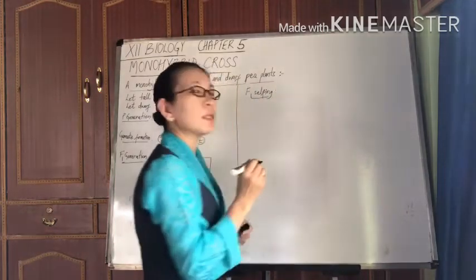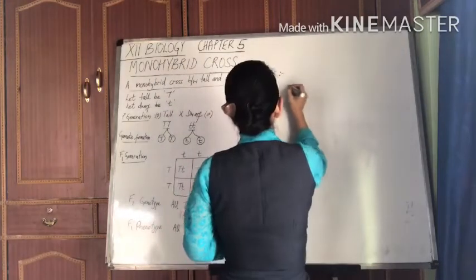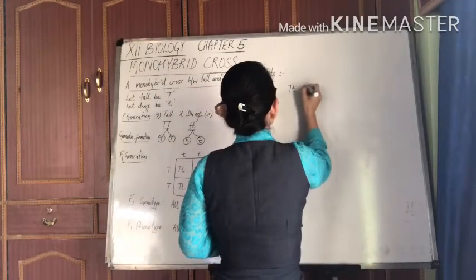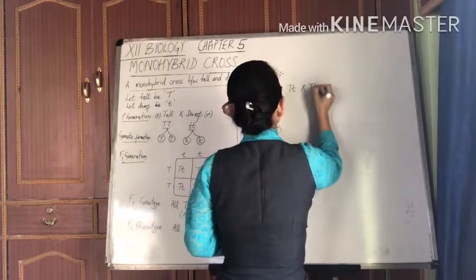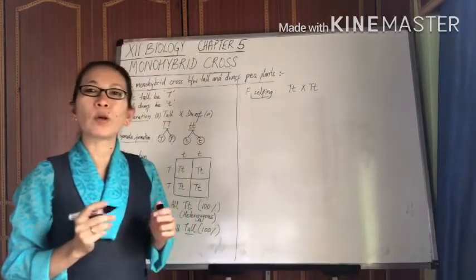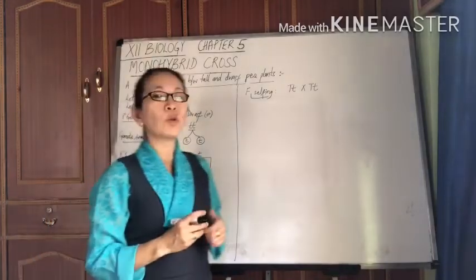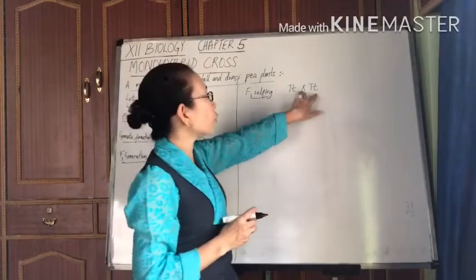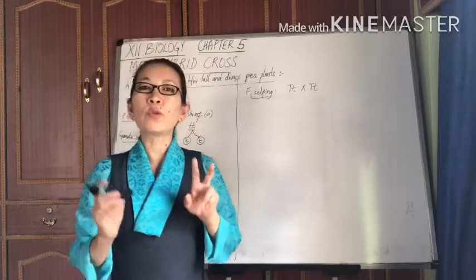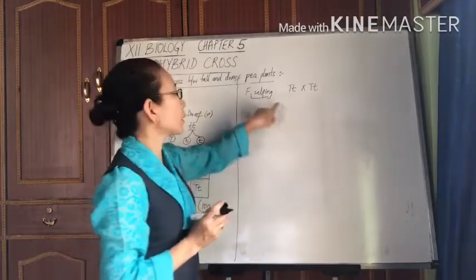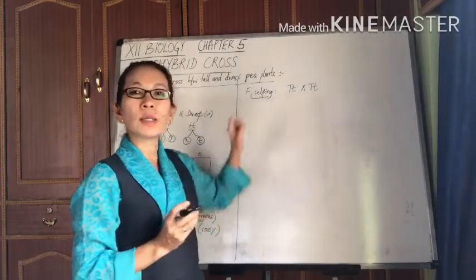F1 selfing is denoted by a cross between heterozygous genotypes, capital T small t with capital T small t. We need to remember here that these two are not indicative of two separate parents, because this is purely self-pollination.